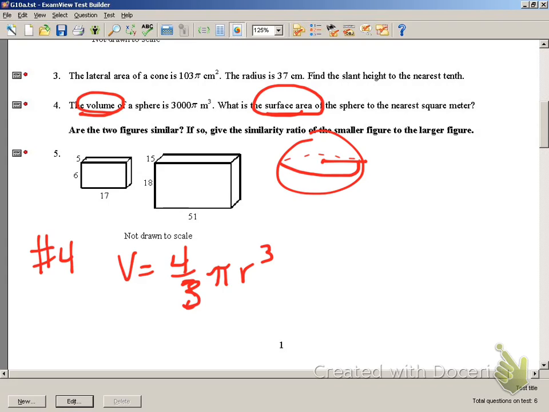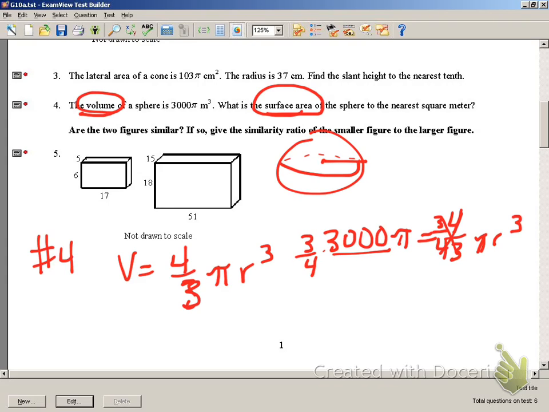So volume is 3,000 pi, and that equals the formula of 4/3 pi r cubed. So we're solving this equation for r. I'm going to multiply by the reciprocal here. 3 times 3,000 divided by 4.